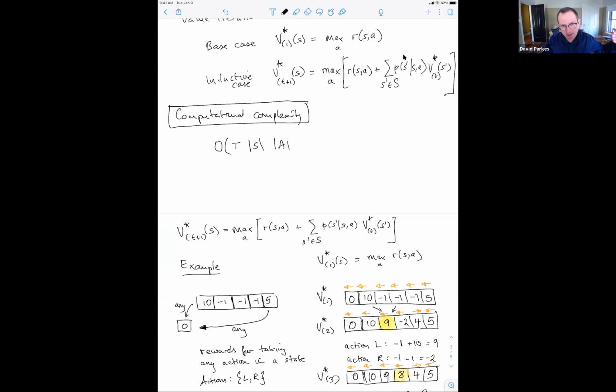And then you have to do the summation, which sums over as many states as are reachable. We only care about the states S prime that have some non-zero probability. So I'm going to write L to be the max number of states that are reachable from any state under any action.